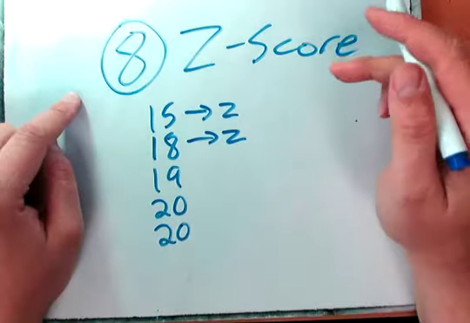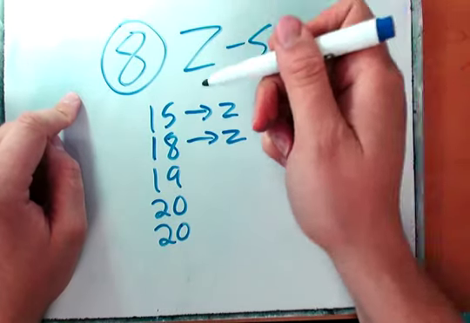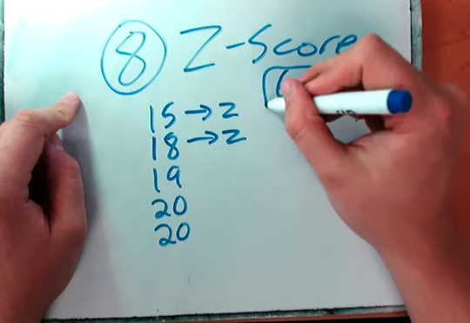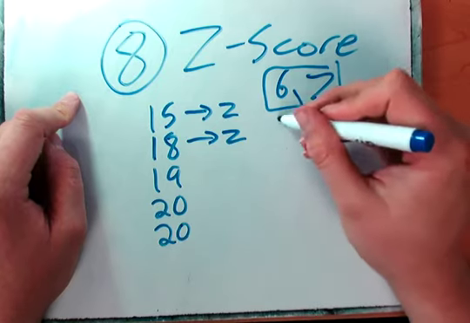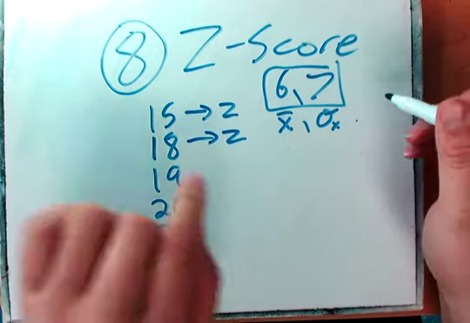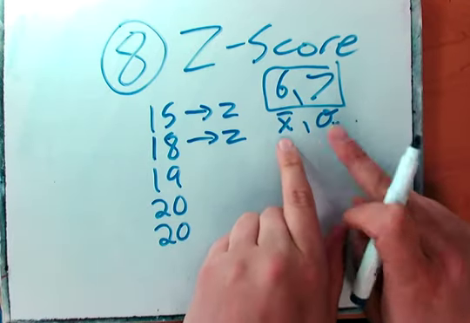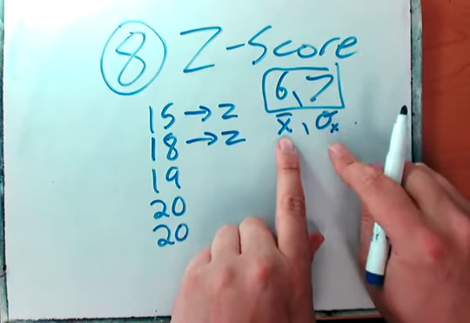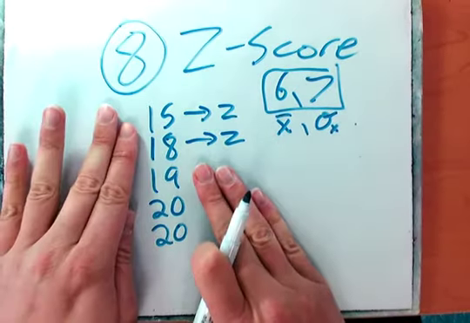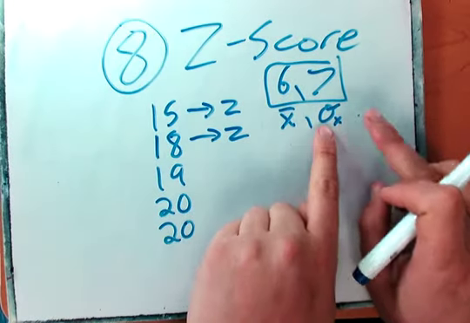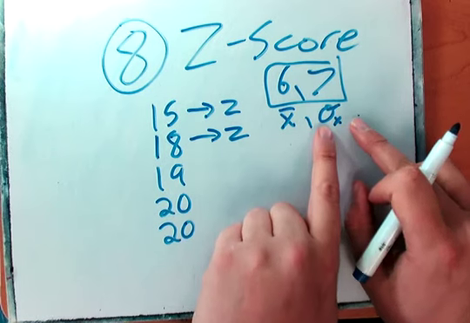Now the way that we do this is you have to use the information from questions 6 and 7, and that is the x-bar and the standard deviation for that set. Because we're doing two different sets, don't get confused with y and x. Make sure that if this is the x, you're using x bar, and you're using the standard deviation for the x set.